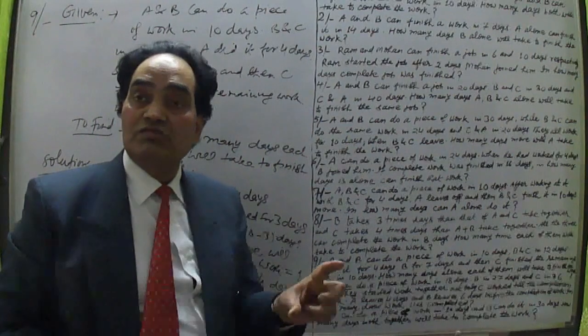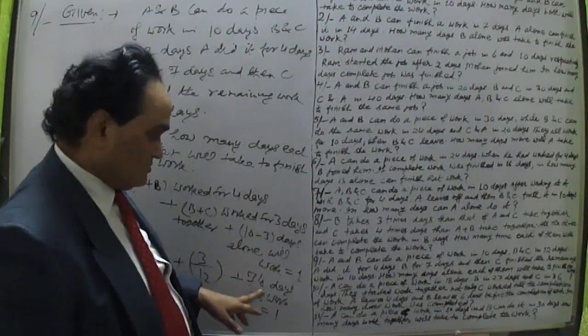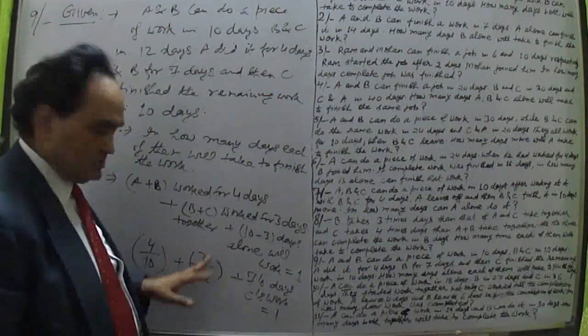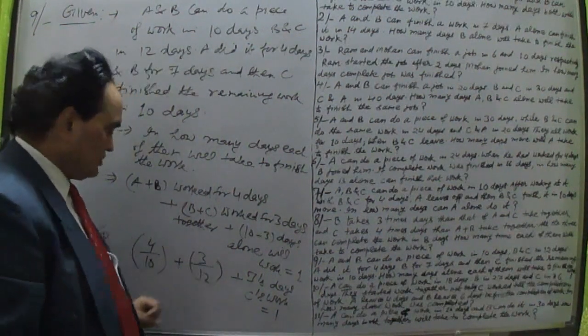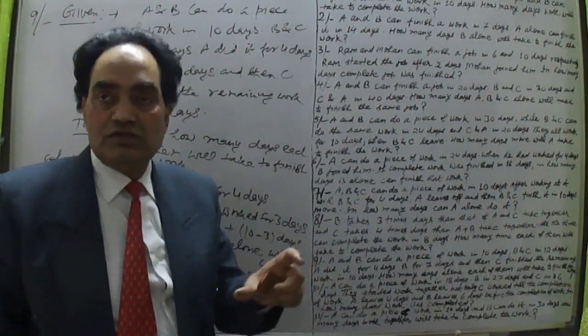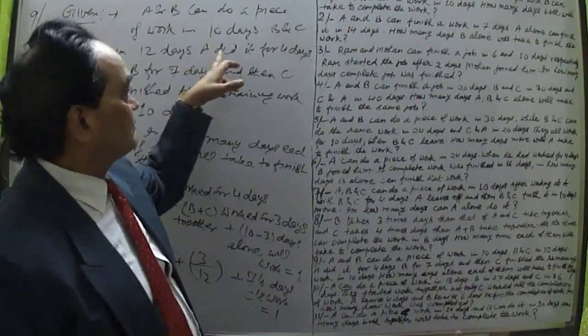Try to understand this. One work is completed by C working for 7 days, plus 3 upon 12, which is the 3 days work of B and C together, and 4 upon 10, which is the work of A and B for 4 days together, because A left after 4 days.